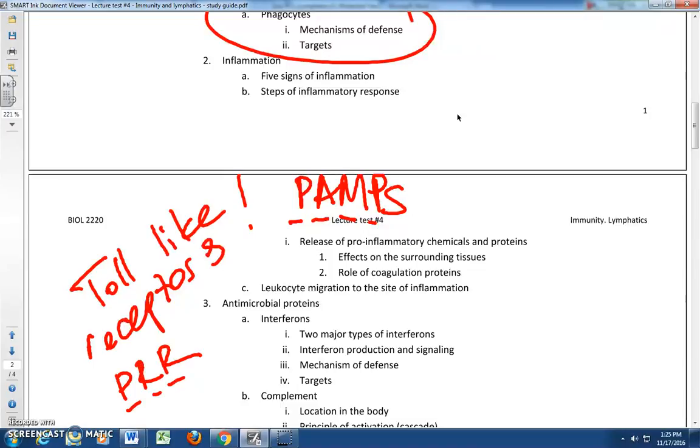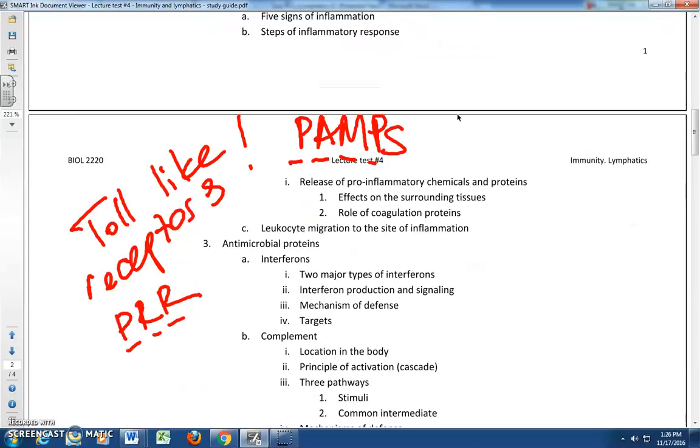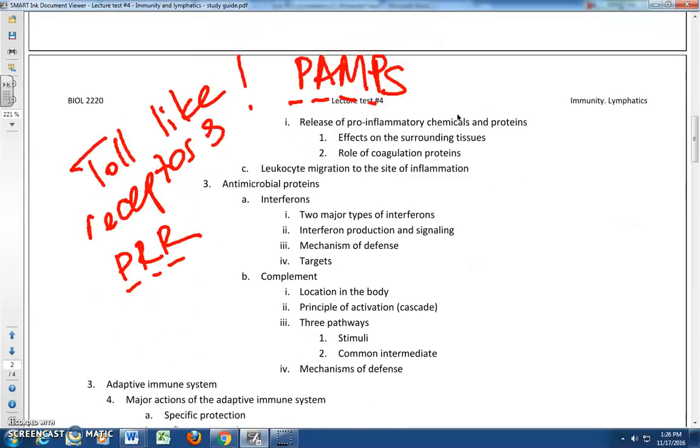Does that make sense? All right, we got through the info. So know what the PAMP is, know what the PRR is. I'm not going to throw acronyms at you. I'm going to throw the whole name, like pathogen-associated molecular pattern recognition receptor.